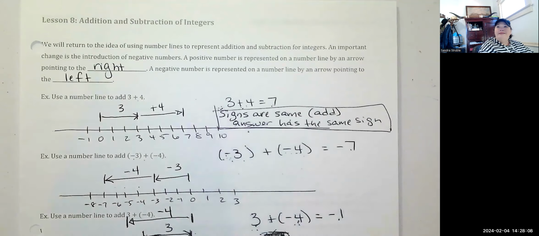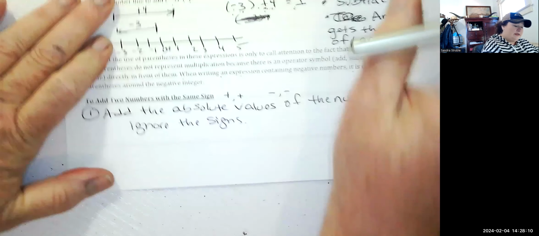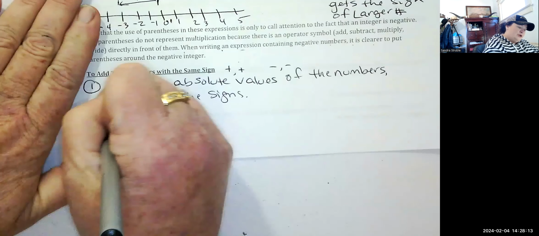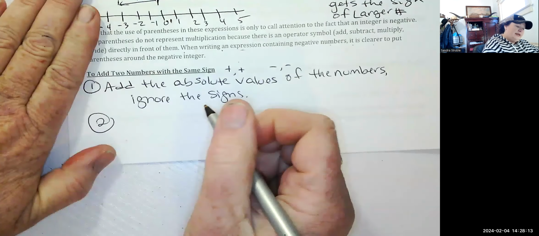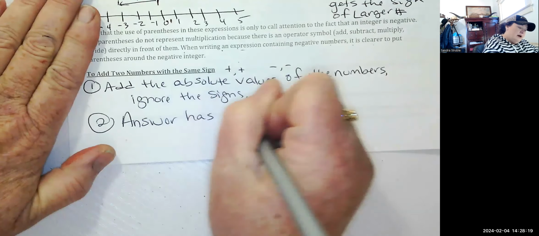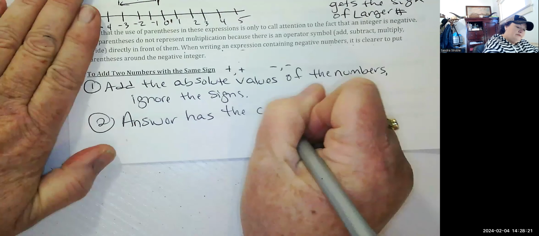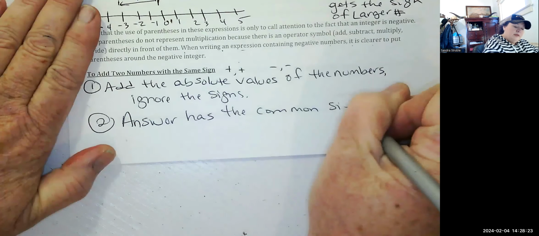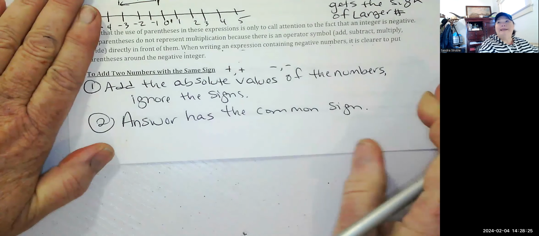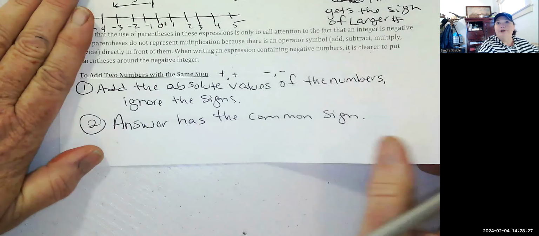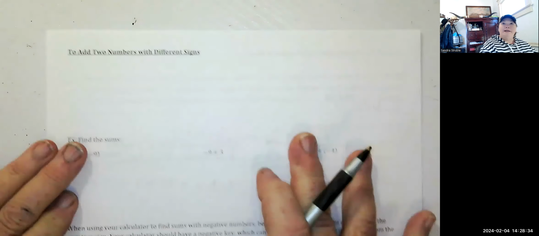Then for part 2 on these, the answer has the common sign. I had said the answer has the same sign as the other 2 numbers that are being combined. Same concept. So let's go to adding 2 numbers with different signs.